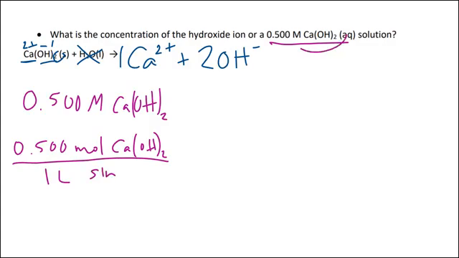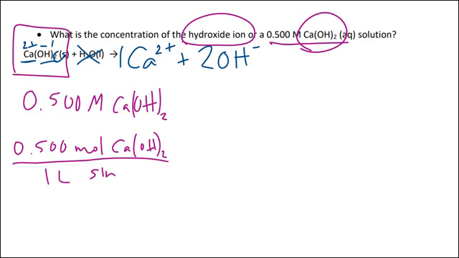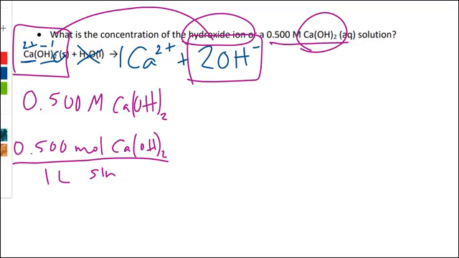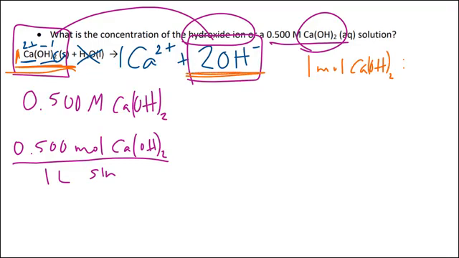So now we need to compare calcium hydroxide to hydroxide. So we are comparing this to this. And if I want to look at that mole ratio, I'm going to say that for every 1 mole, because there's an implied 1 right there, 1 mole of Ca(OH)₂ for every 2 moles of hydroxide.